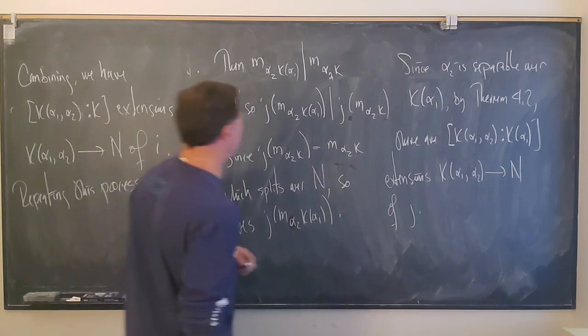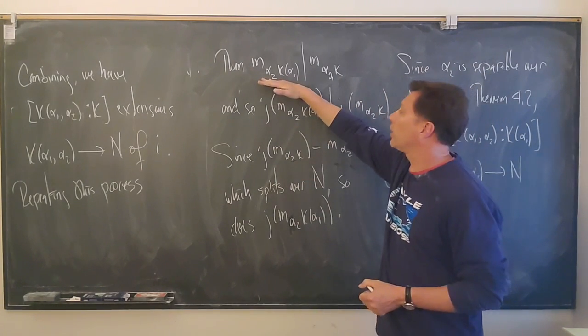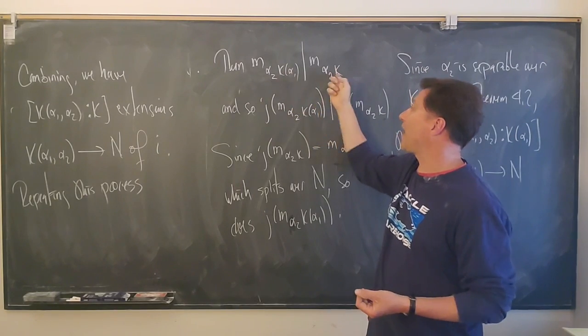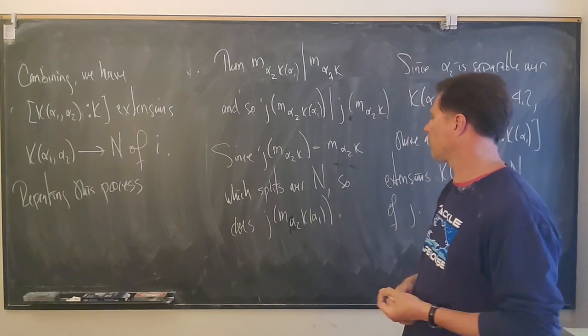And we've seen this. What's the idea? It's just the idea that the minimal polynomial with respect to the bigger field always divides the minimal polynomial with respect to the smaller field. That's just an ideal argument.